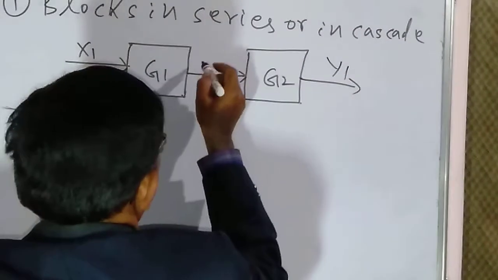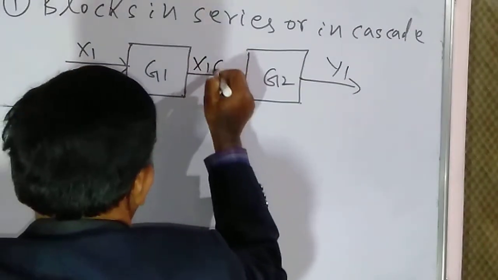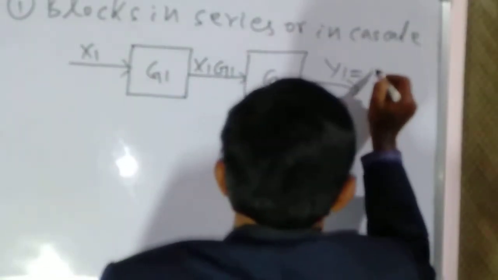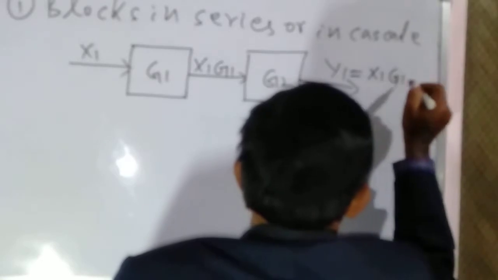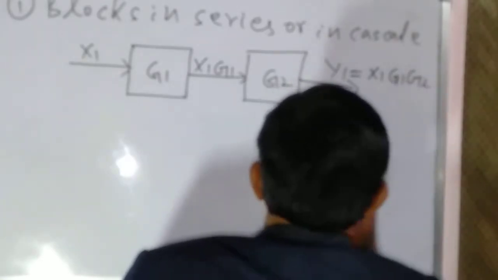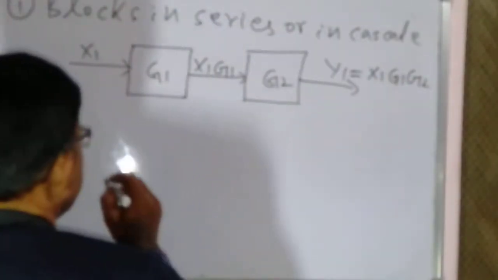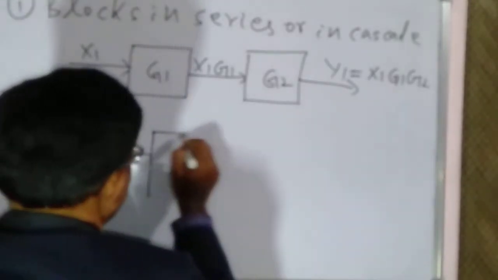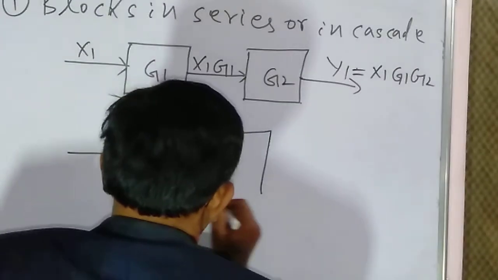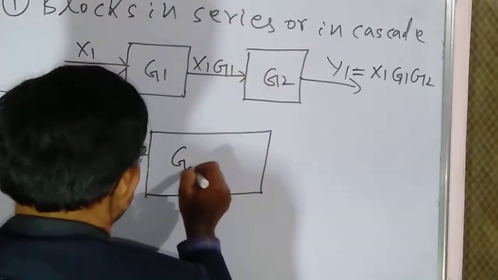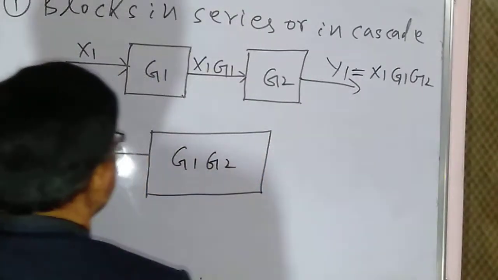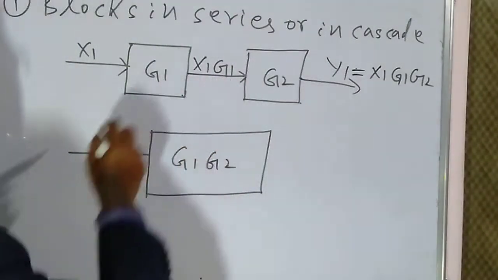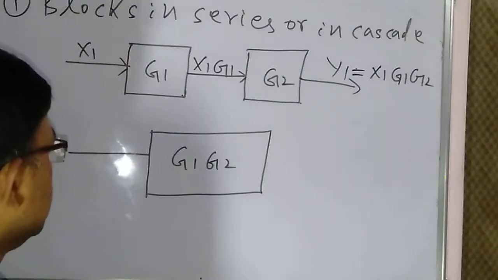Then obviously after G1 it will be X1 G1, and Y1 is equal to X1 G1 G2. So if we replace this by a single block G1 G2, the transfer functions of the individual blocks are simply multiplied.